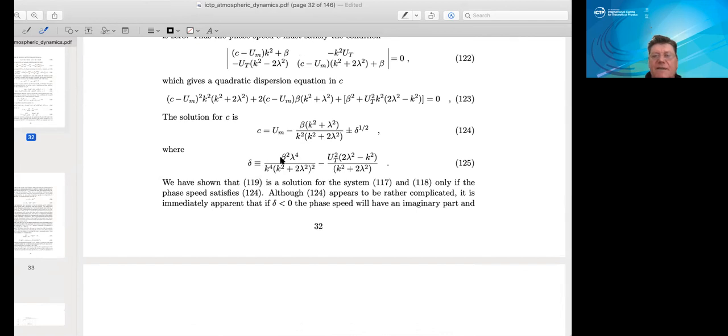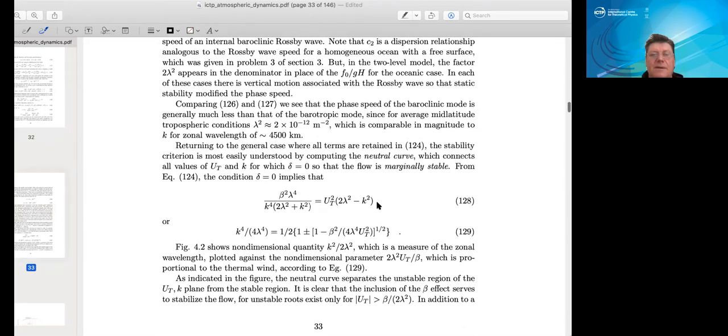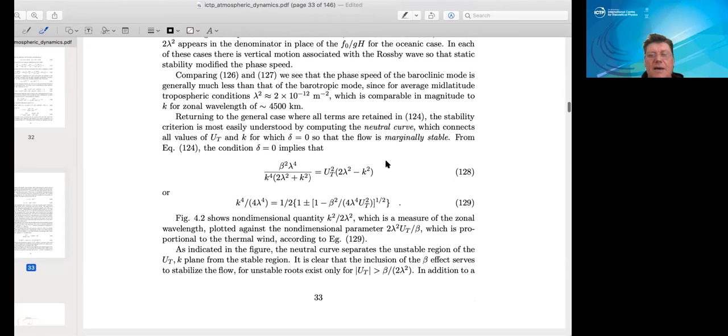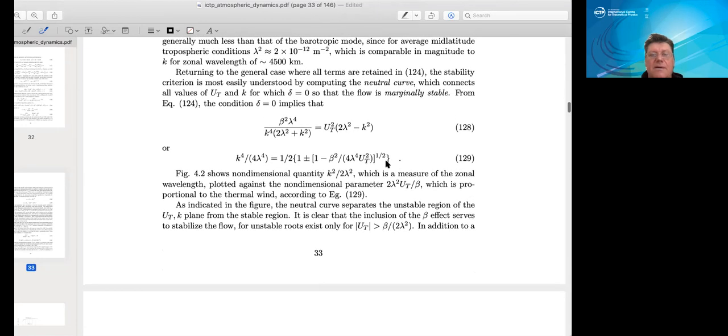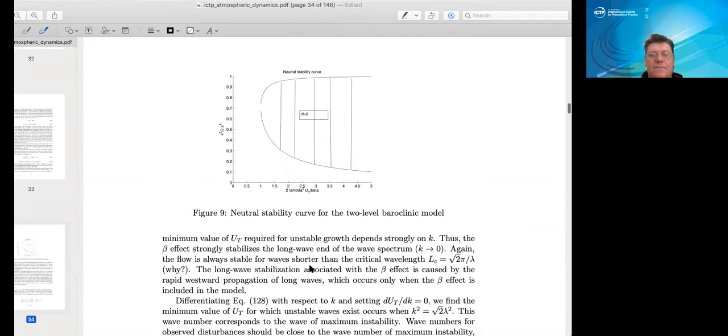But the beta effect is stabilizing our system, making it possible that there are stable solutions that don't grow in time. And as we can see from these two roots, these stable solutions can exist for small wave numbers, so for long waves, and for very short waves.